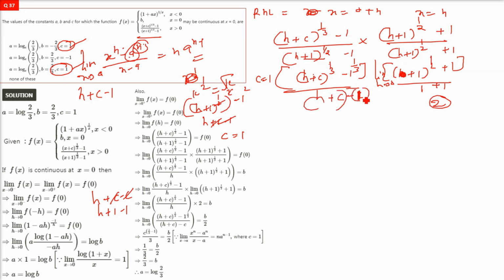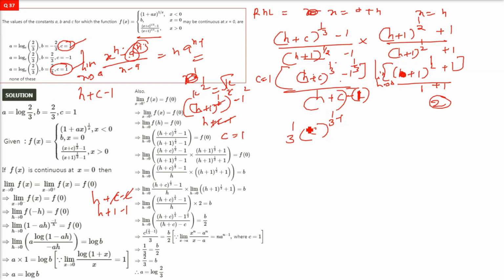Once you have h plus c minus c in the denominator, it takes the form of x raised n minus a raised n by x minus a. So this is going to be n a raised to the power n minus 1, that is 1 by 3 times c to the power 1 by 3 minus 1, where c is 1. 1 by 3 minus 1 is minus 2 by 3.